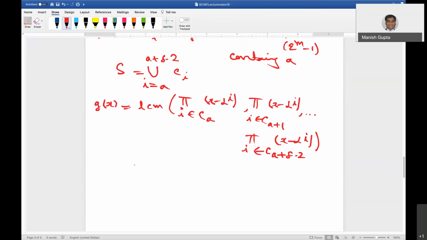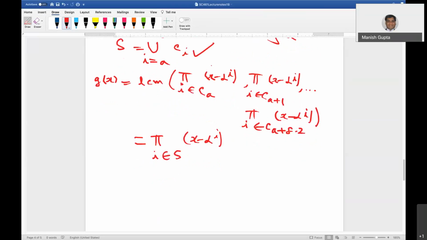Now this is nothing but the product over i belonging to S of x minus alpha raised to power i, where S is defined like this, the union of all the cyclotomic cosets. Okay. Now, dimension of the code, dimension k is equal to n minus degree of the generator polynomial, the basic definition of the cyclic code, right?